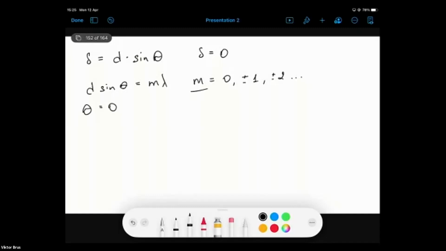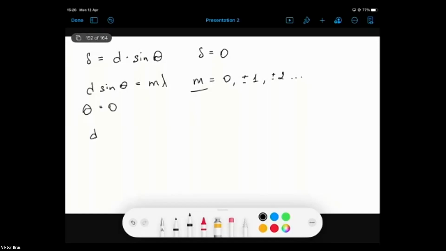Now let us define the condition for destructive interference when wavelengths come in opposite phases. So in that case, delta is an odd multiple of half of wavelengths, lambda divided by 2, and under this condition, this wavelength will come in the opposite phases.